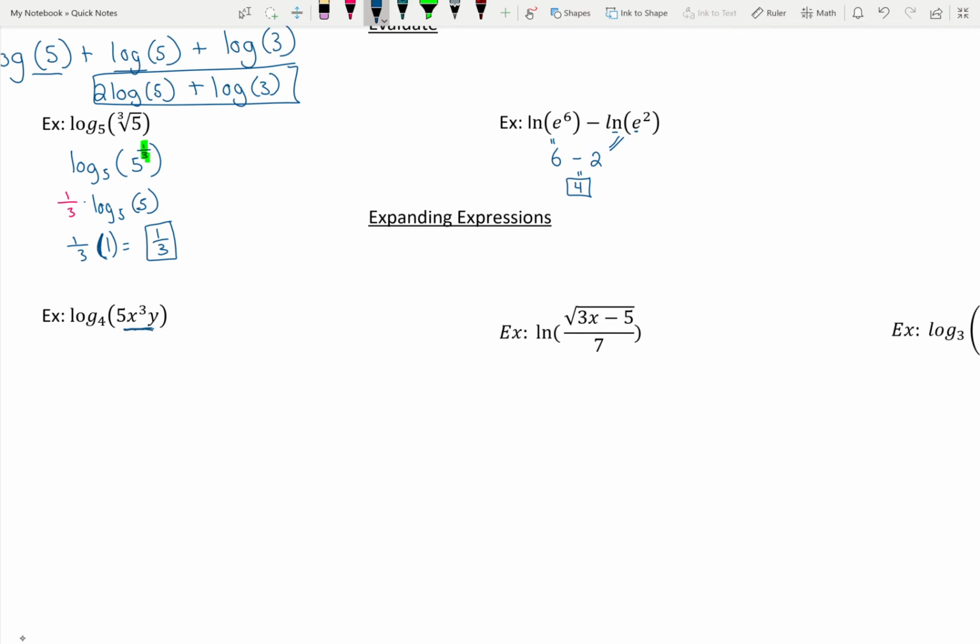So we're going to use the product rule. So log base 4 of 5 plus log base 4 of x cubed plus log base 4 of y.